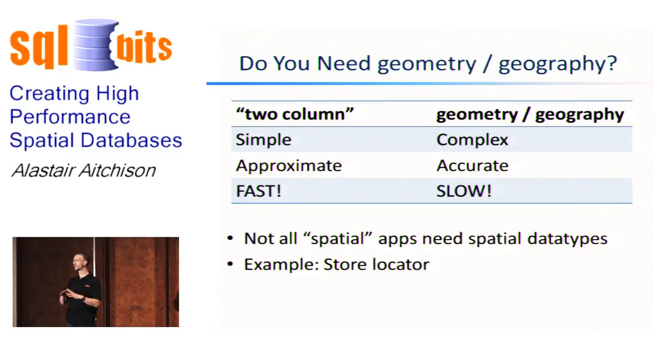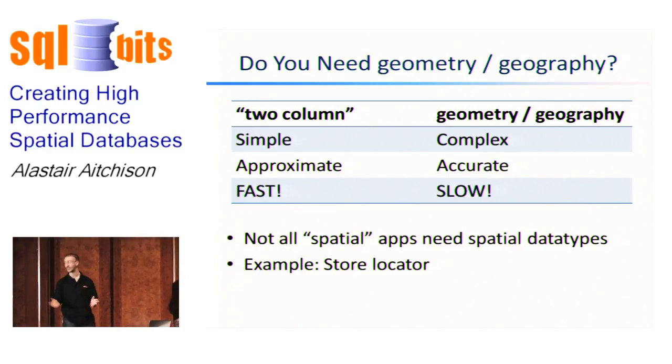Now, because that's a rectangular viewport, the fastest way to retrieve all the information from the database that lies in that viewport is to use that simple rectangular bounding query we saw earlier, where the latitude lies between the minimum and the maximum, and the longitude lies between the minimum and the maximum. That will almost certainly, with the correct index placed on those columns, give you the best performance. So that's the answer to your performance problems. Don't use geometry and geography.